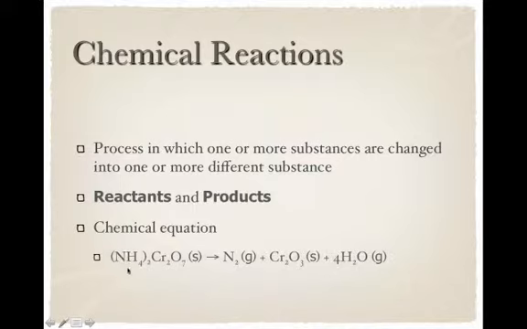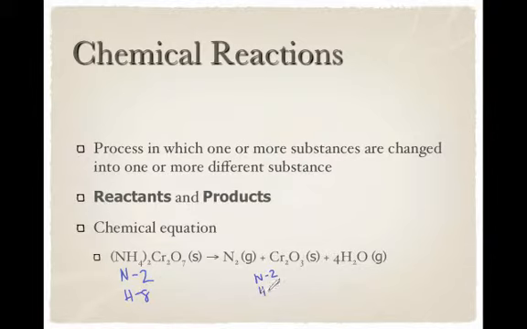How many nitrogens do we have? 8? No, we just have 2. 2 nitrogens, so we have 2 nitrogens on this side. Let me write this. So we have nitrogens, there are 2. And on this side, there are 2. How about hydrogens? 8.